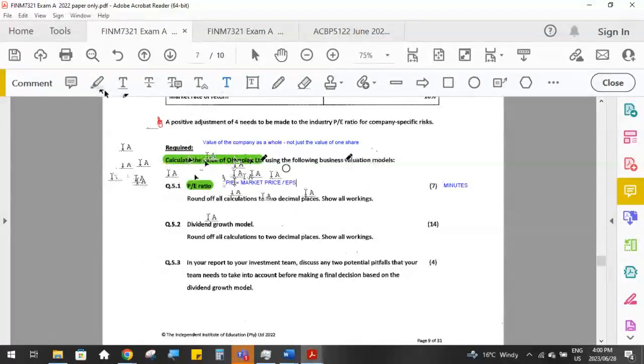So when we are doing a valuation of a company, we don't want to use the current market price of the share as it is currently trading on the stock exchange. We want to actually calculate, given the metrics of the company, what should the market price actually be in terms of all the other metrics.